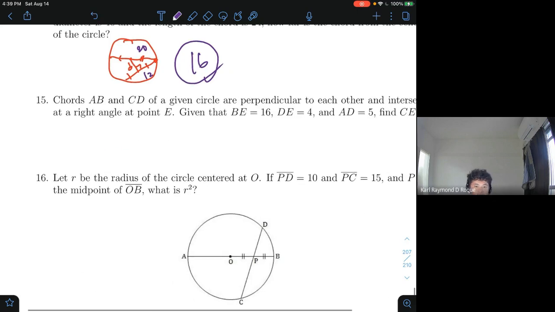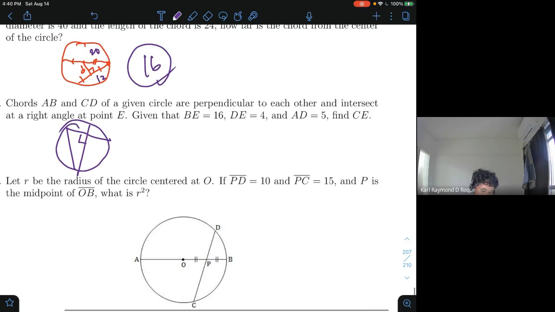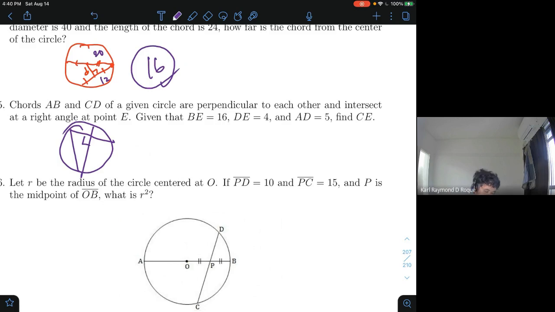Chords AB and CD of a given circle are perpendicular to each other and intersect at a right angle at point E. Find CE. ED equals 5.